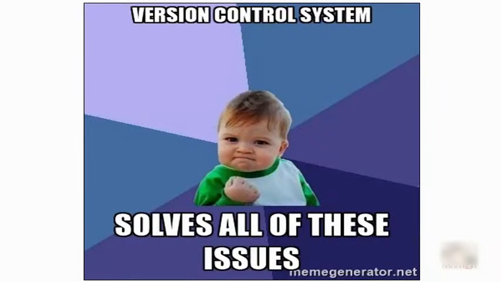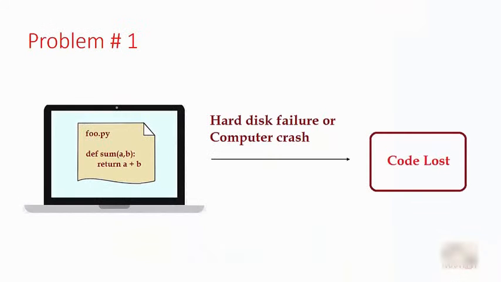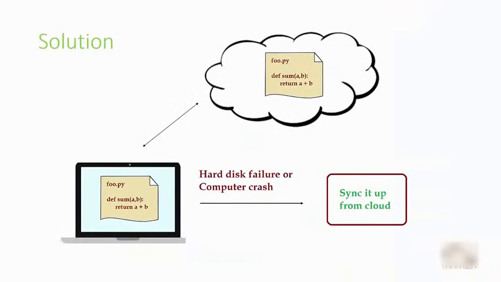Version control system solves all these problems. Let's look at all these problems one by one and see how VCS or version control system solves these issues. So our first problem was hard disk failure. In version control system, the code is saved on cloud. Cloud is basically some remote machine which is much more stable than your local computer.